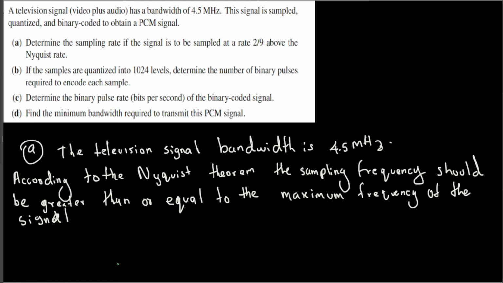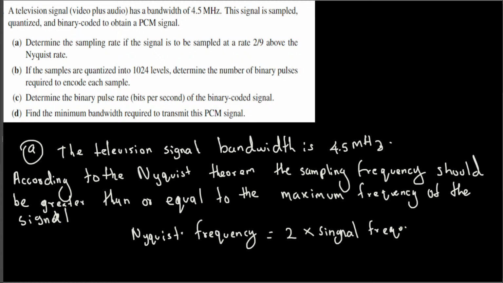And the Nyquist frequency is given by 2 times the signal frequency. So that is 2 times the given frequency, which for us is 4.5 megahertz.